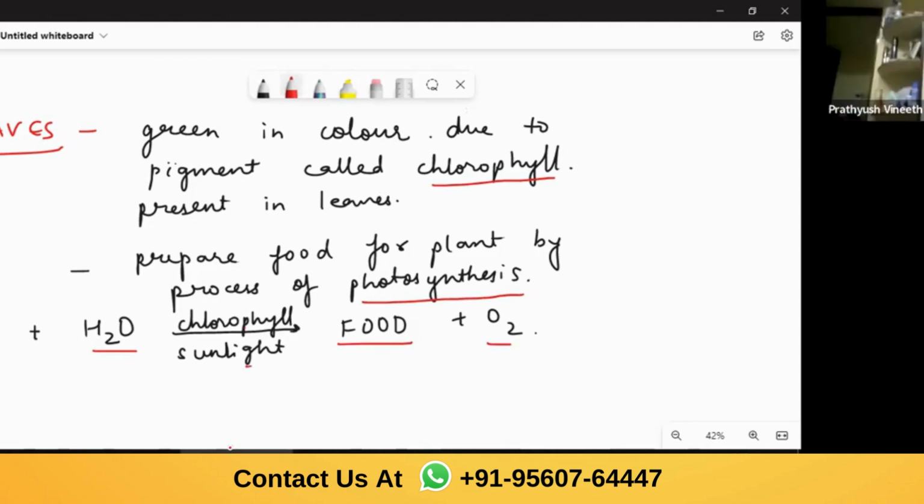Yes, Krishna. Ma'am, may I tell another important function of leaves? Yes. Okay, ma'am. When there is excess water poured by humans on the plant roots, then the leaves remove the excess water by the process called transpiration.